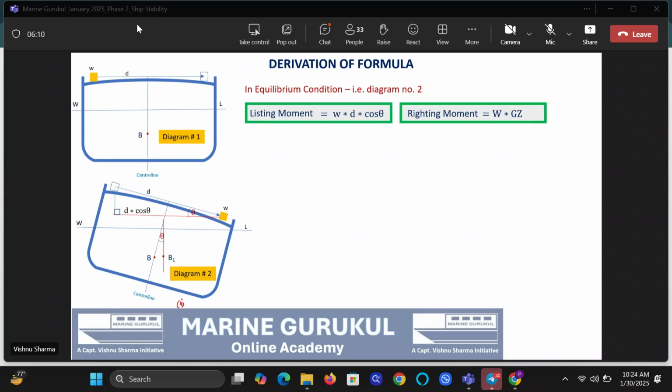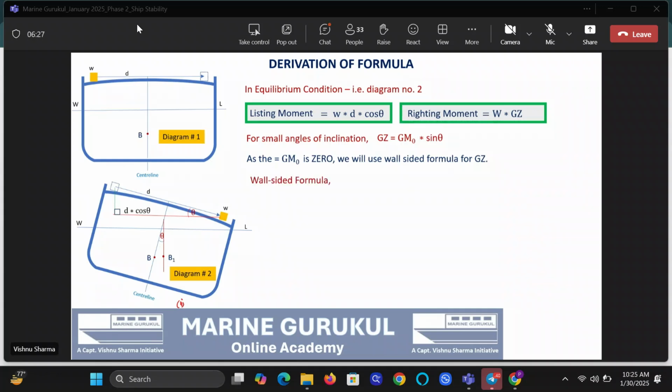For GZ, we'll use the wall-sided expression. As GM0 is 0 here, we will use the wall-sided formula for GZ, and by the wall-sided formula, this is the value of GZ.